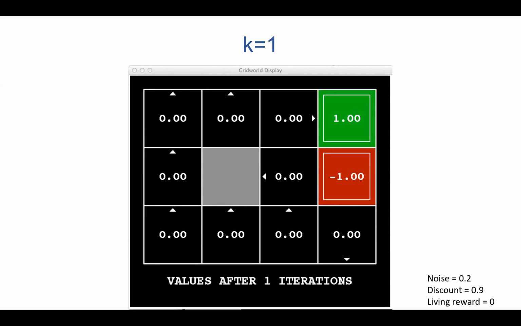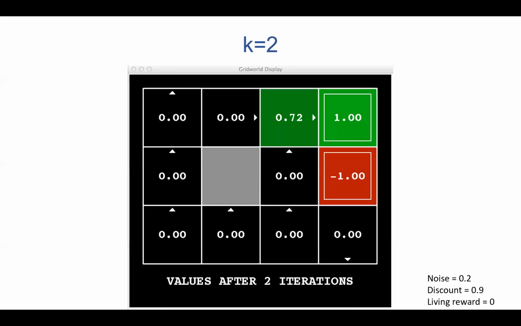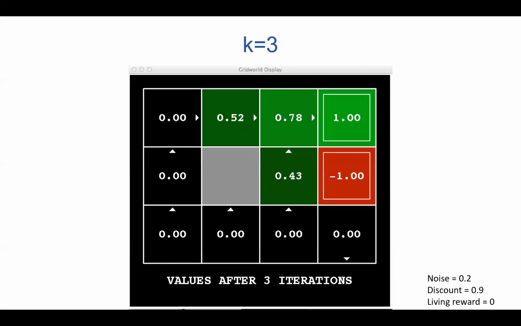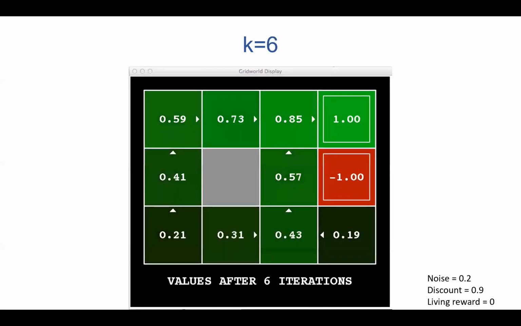The living reward is 0 at this moment. Every time I do that value iteration, you see the values change plus the arrows change too, because we're using the max function, and now you see the arrows have changed and the values are being propagated.